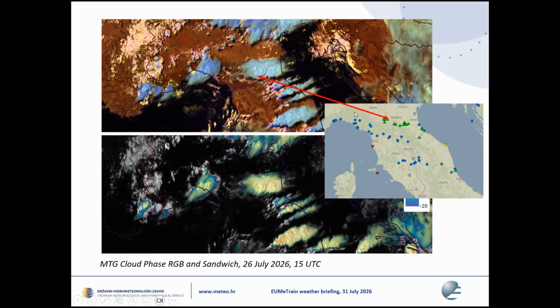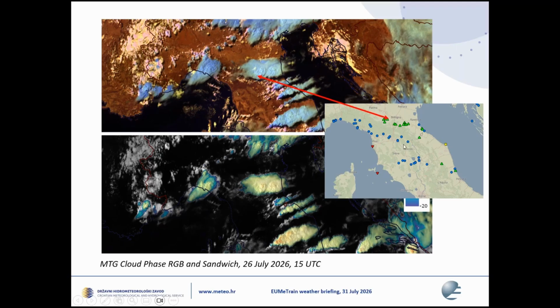I took this screenshot from the European Severe Weather Database, which shows us where we have severe weather. The green triangles represent hail reports, and the blue ones represent heavy rain.